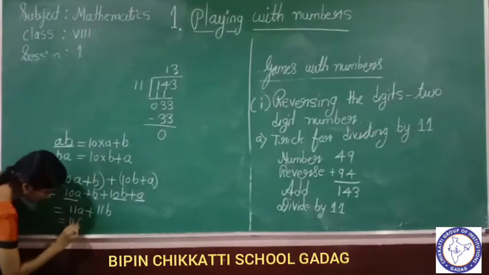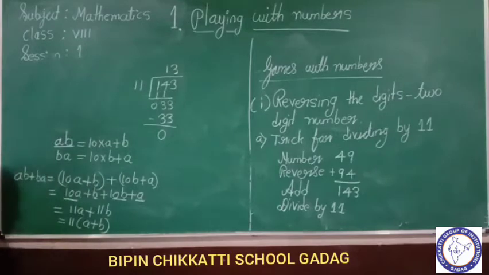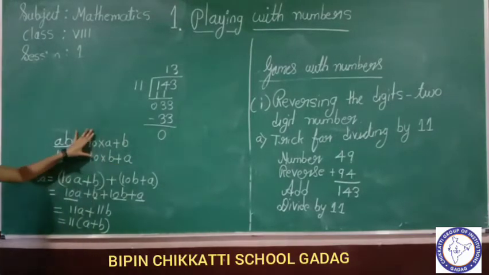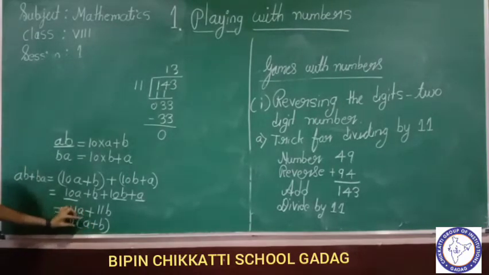Here 11 is common: 11 into (a plus b). So what I want to tell is, if we add these two numbers, we will get the answer in multiples of 11.